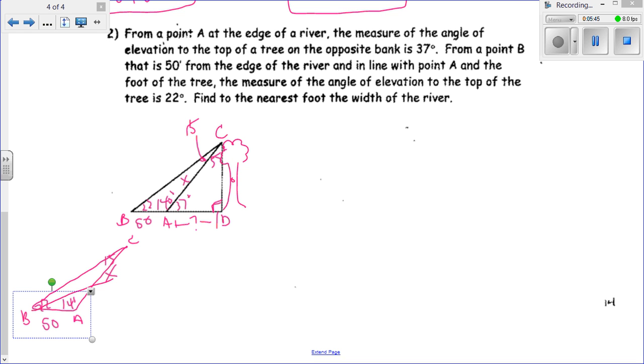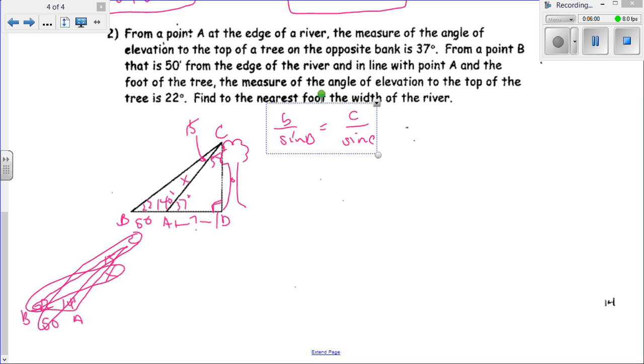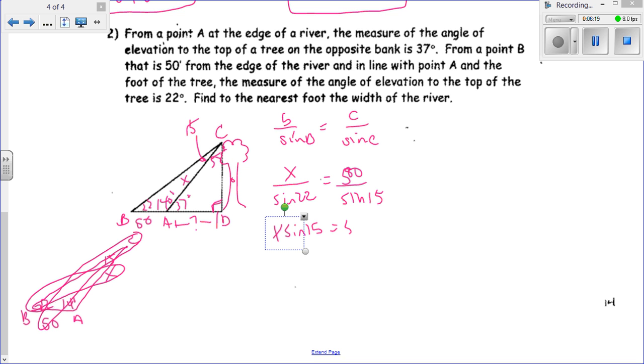So to use my X, I'm going to have to use B and C. So it's B over sine B equals C over sine C. B is what I'm looking for over the sine of 22 equals C is 50 over the sine of 15. So cross multiply, and I will have X sine 15 equals 50 sine 22. Divide by the sine of 15.